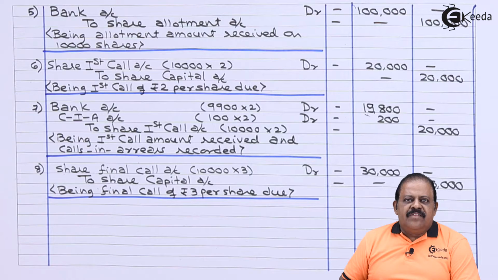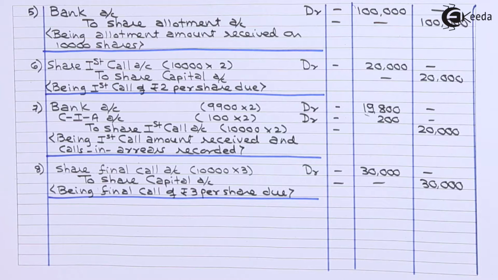All shareholders have paid this amount except one shareholder holding 100 shares. Let us record an entry for receiving final call amount.